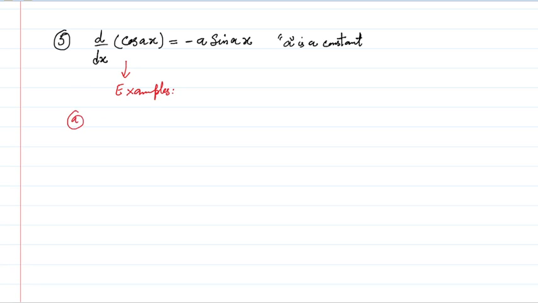Example number 1. Suppose the first differential of psi, d psi upon dx, is already given: a n pi upon a cos of n pi x upon a.